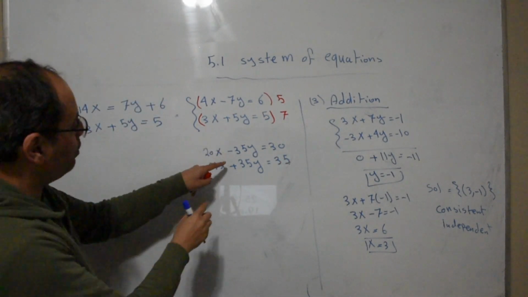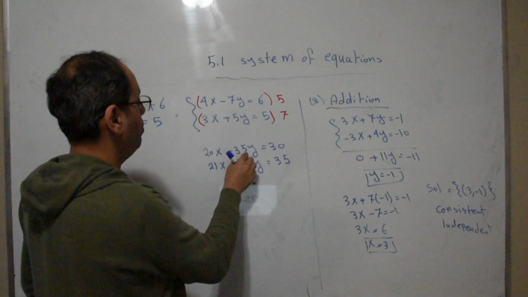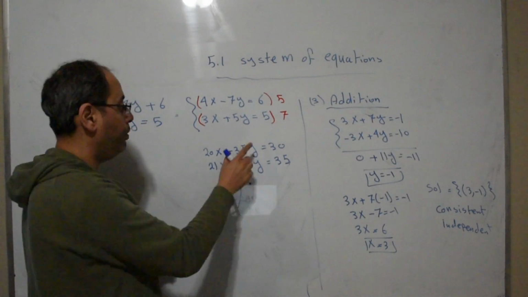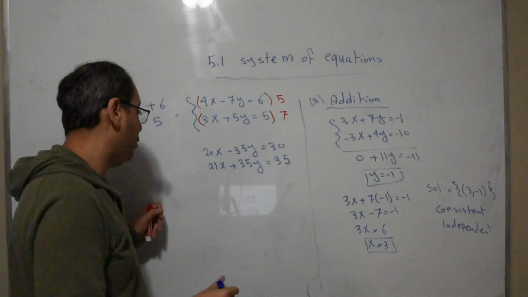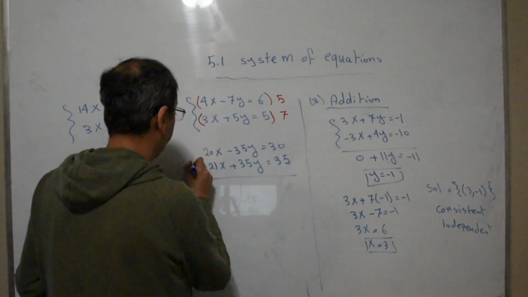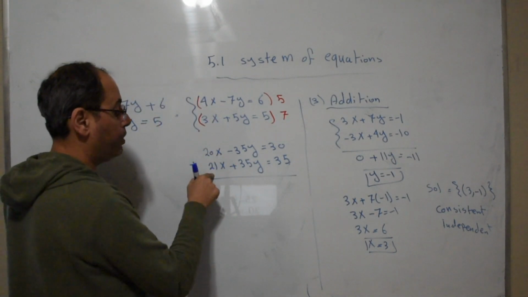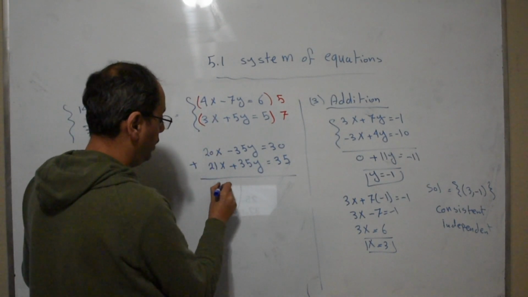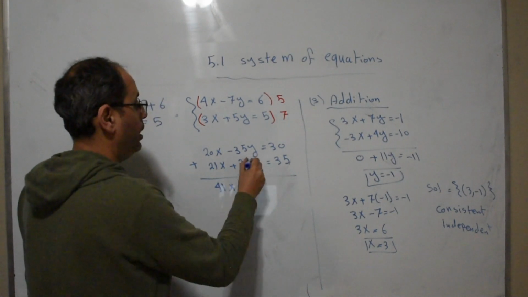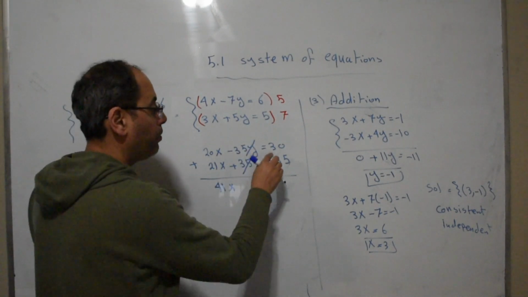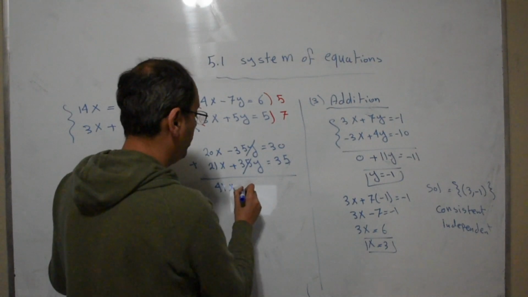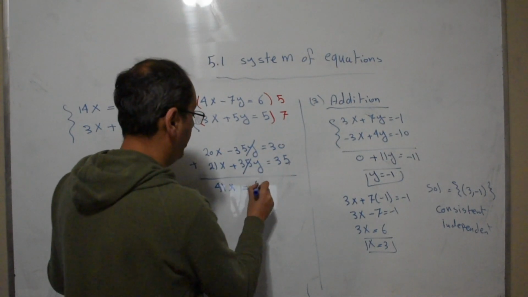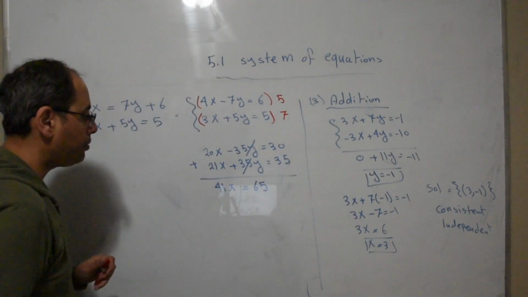Now I have minus 35 and plus 35, so I can cancel them out. Now let's add. 20x plus 21x is 41x, and y is cancelled out. And 30 plus 35 is 65.